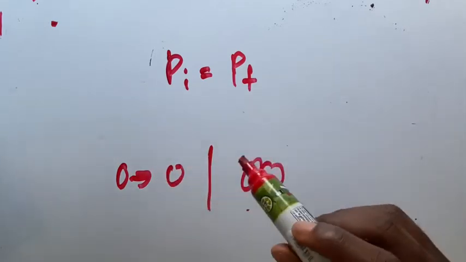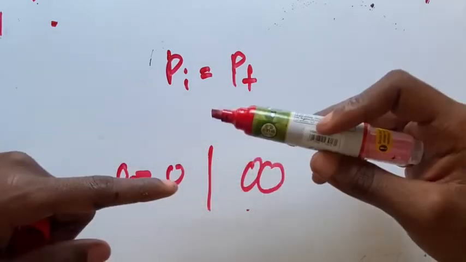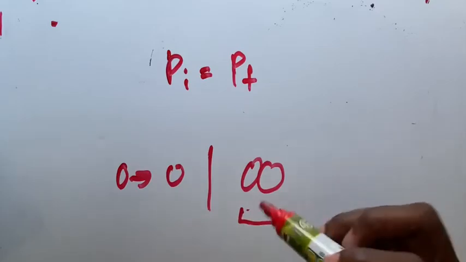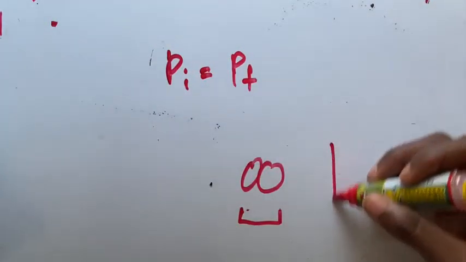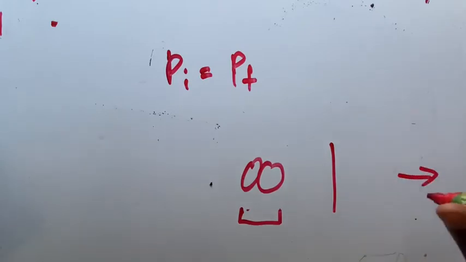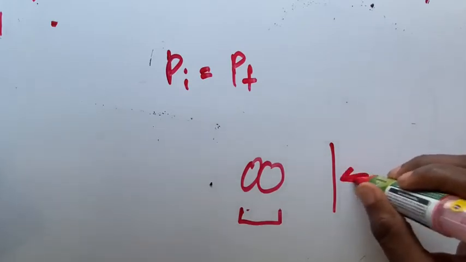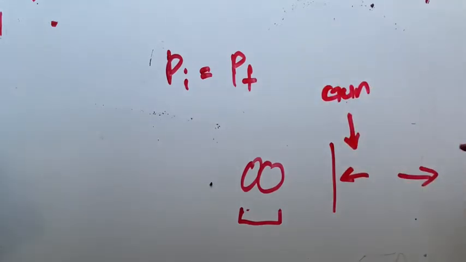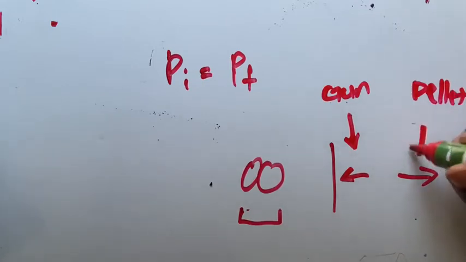Well, in this scenario, it's kind of like a reverse inelastic collision, because initially we have two objects stuck together, and then afterwards we have one object going this way and another object going the opposite way, which would be the gun recoiling, and this here would be the pellet being fired out of the gun.